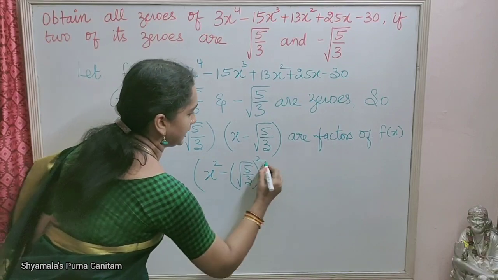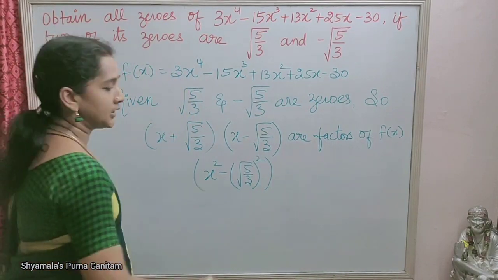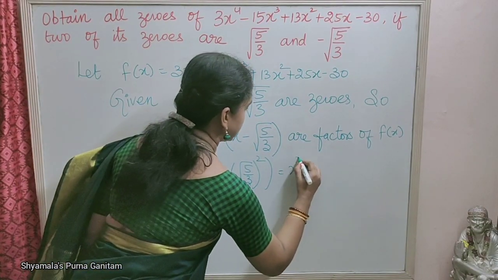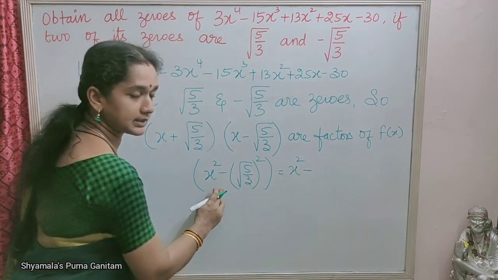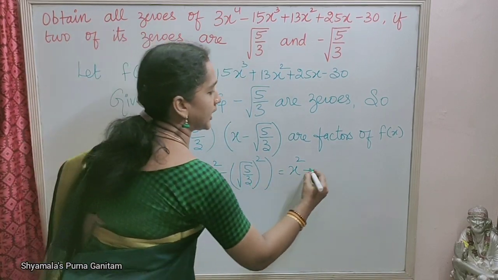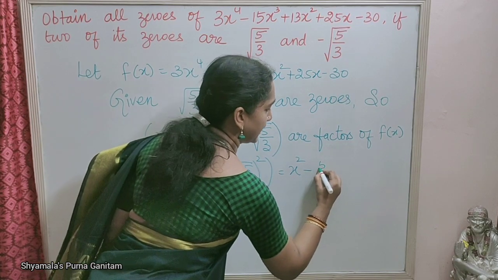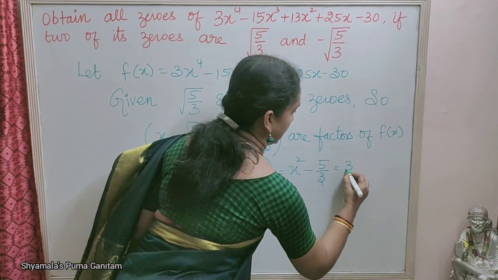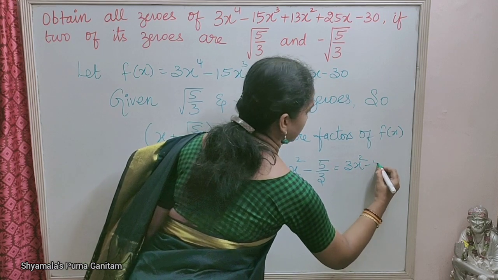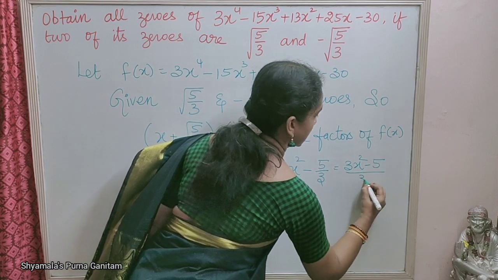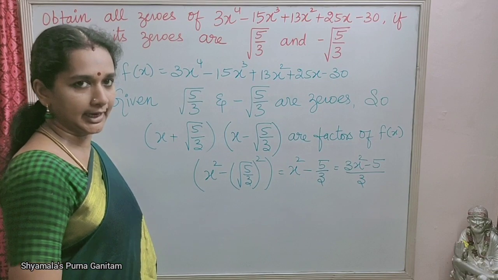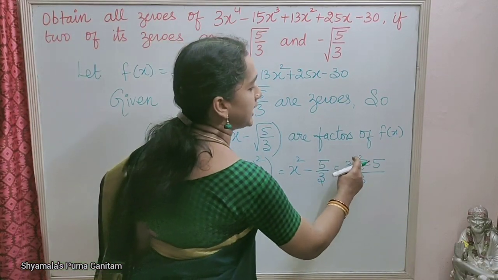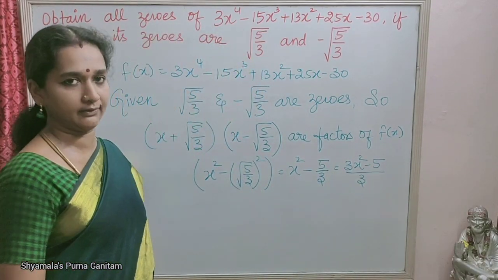The square of root 5 by 3 is 5 by 3. So we can rewrite it as x squared minus 5 by 3 equal to 0, that is 3x squared minus 5.